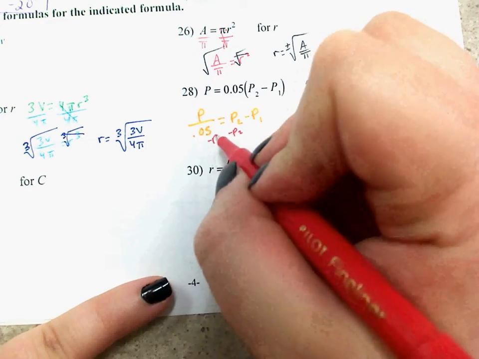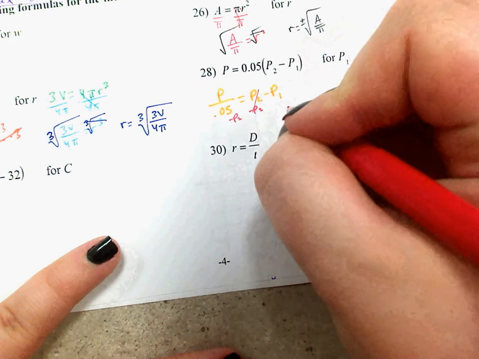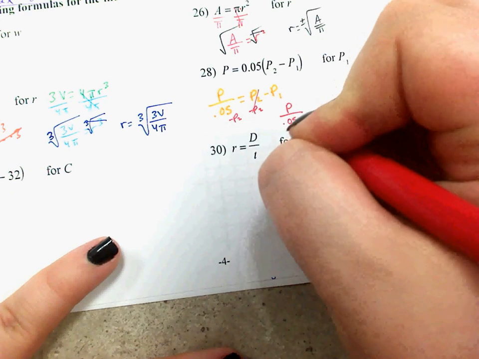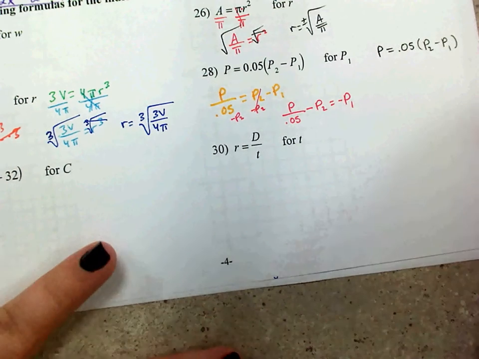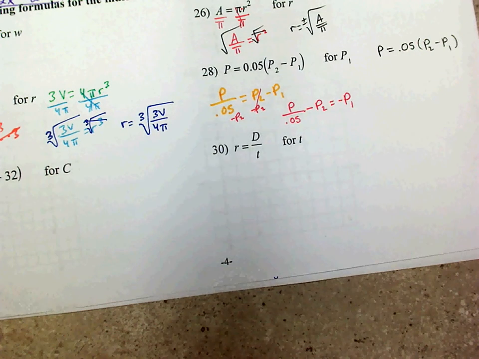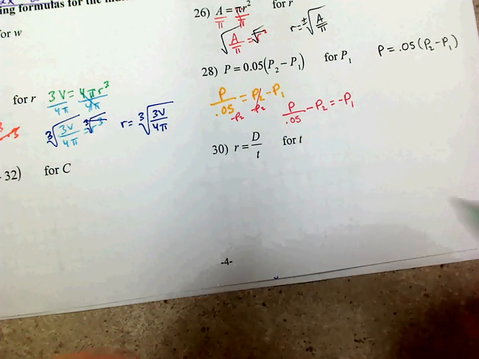I want p sub 1 by itself, which means I would need to undo that negative. Multiplying by a negative just changes the sign. So you could say p sub 1 equals p sub 2 minus p divided by 0.05. Okay? And that's an acceptable answer.